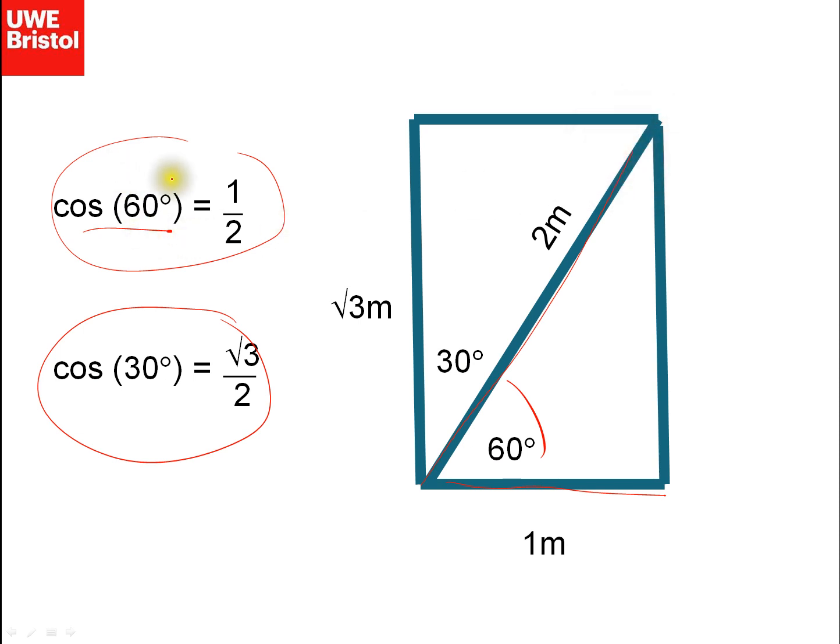So if I ever see a cos 60, I want to do 1 divided by 2. If I ever see cos 30, then I want to do the adjacent, so that's √3, divided by 2. So that's good.